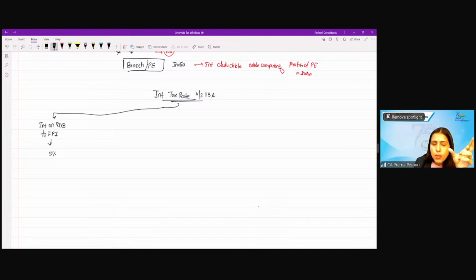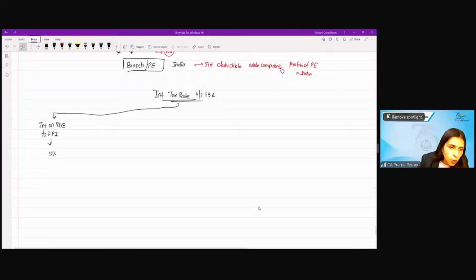Now, this was basically till 2023 only, but I'm just giving you for information in case any question comes up which refers to the past date. So in that case, it was 5%, but this was only available till 2023. Are we getting it? So just write down, this was available until 2023.